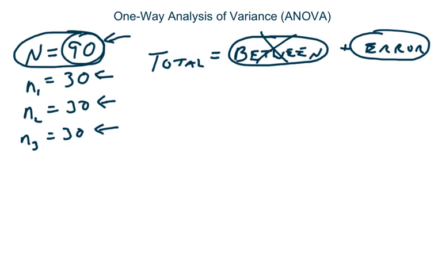So what we do in ANOVA is take that total and break it up into between groups variability and within groups variability. And the example that is in your slides shows you how to do that, and I'll walk you through that experiment now.